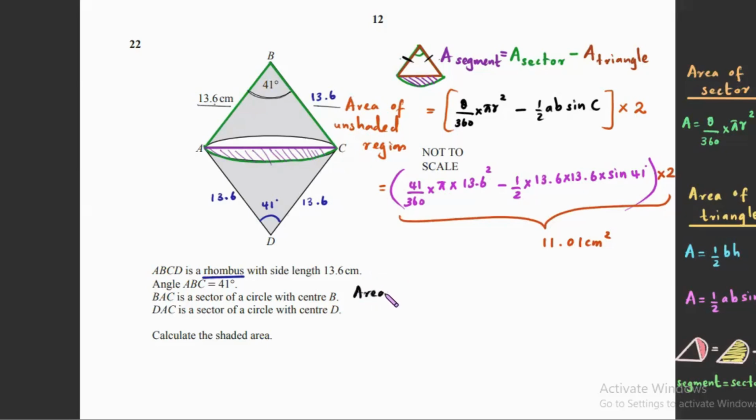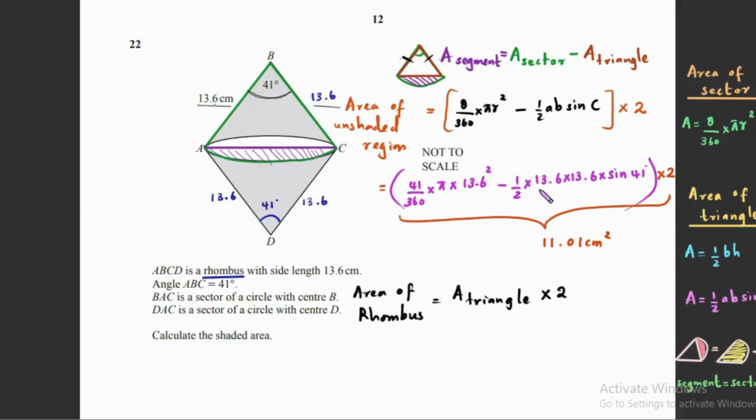So to find the area of the rhombus, I'm going to calculate the area of the triangle and I'm going to times that by 2. This will give us the area of the rhombus.